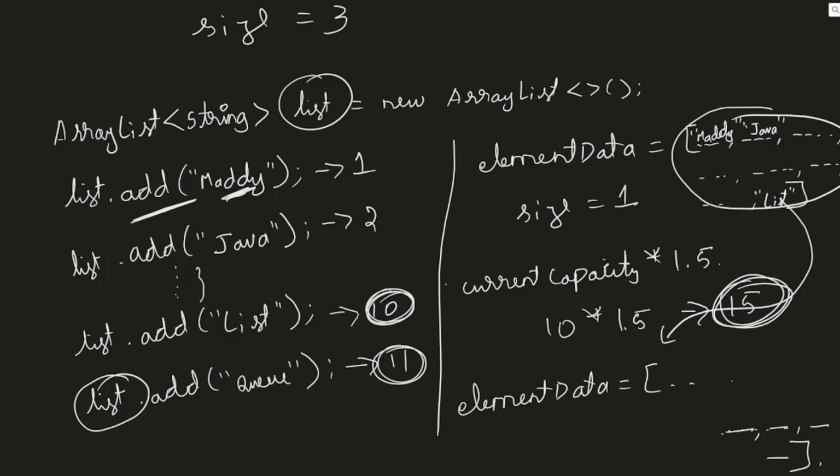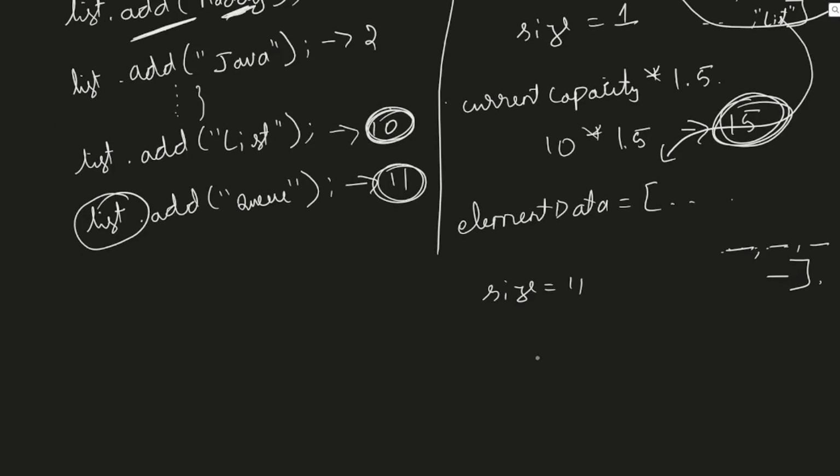With this, size gets updated to 11 and capacity remains 15. Here we will have Q. The last 4 elements will be empty. I hope so far the things are clear.